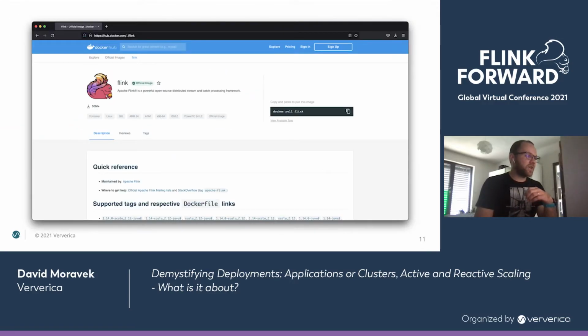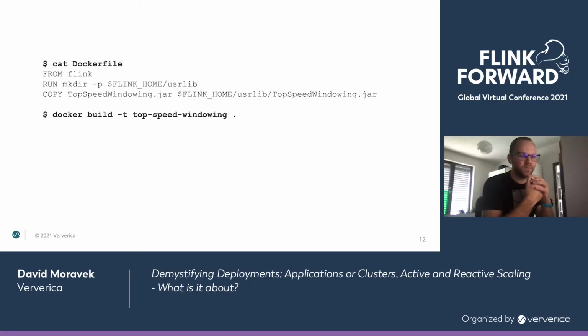This is a very natural fit for containers, right? Flink already publishes an official Docker image, which basically bundles the Flink distribution. And what we can do with the application mode, we can create our own job image that basically extends from the official Flink image, and we will just copy our job jar into this user lib directory that Flink automatically adds into the class path.